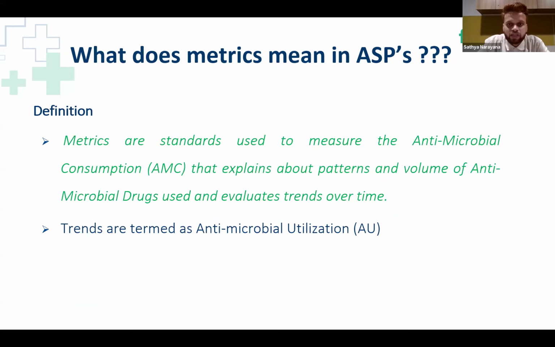These metrics measure antimicrobials, helping us know prescription trends and patterns in a particular location, region or institute. By that we can follow up with the antibiotic utilization review, which gives a complete picture.